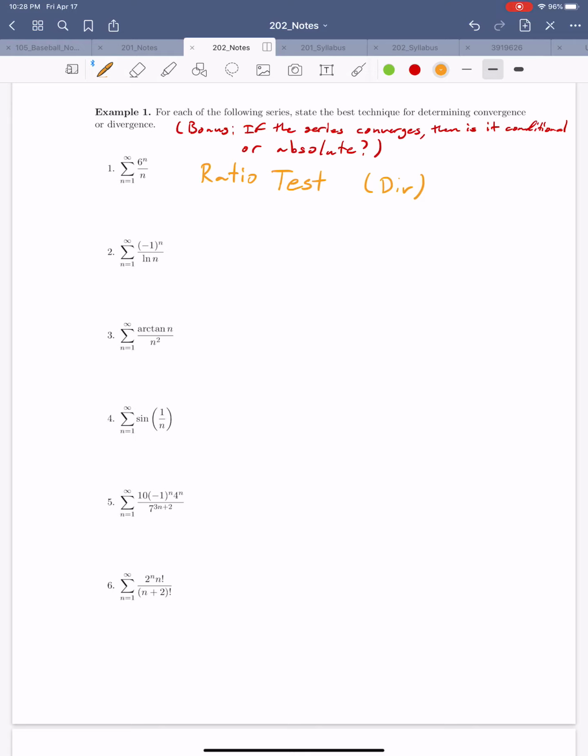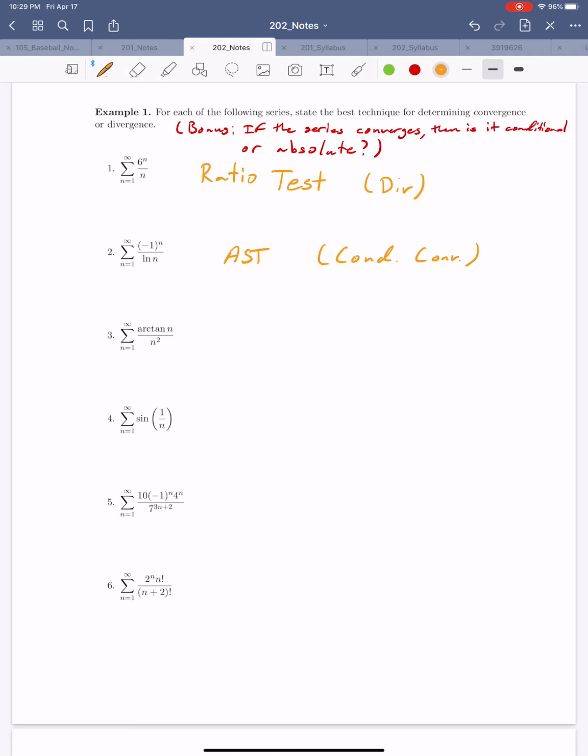Here for number 2, it's alternating and it's monotone decreasing. It looks like the limit of the term is going to 0, so it looks to me like we should use the alternating series test. And I believe this should conditionally converge. Remember, it's extra work to show that the absolute value of the term diverges. You might want to compare that to a p-series.